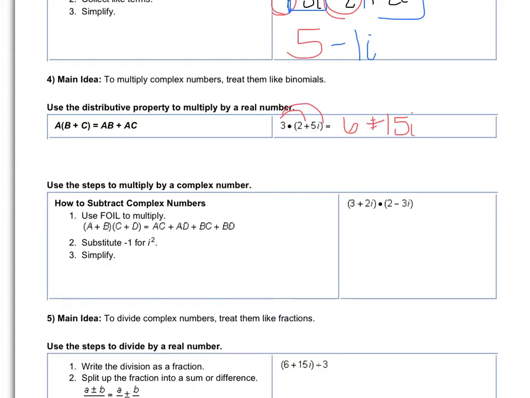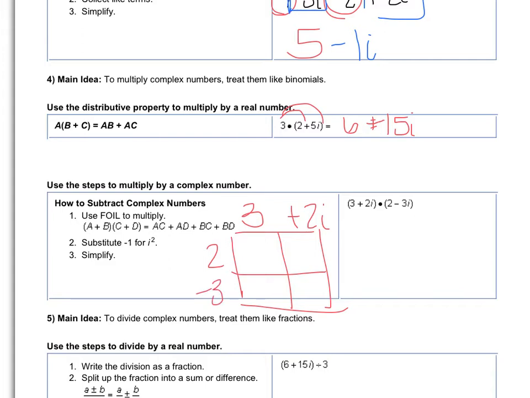I can also multiply utilizing the FOIL method or the box method. So 3 plus 2i times 2 minus 3i. 3 times 2 is 6. 2i times 2 is 4i. Negative 3i times 3 is -9i. Negative 3i times positive 2i is -6i squared.